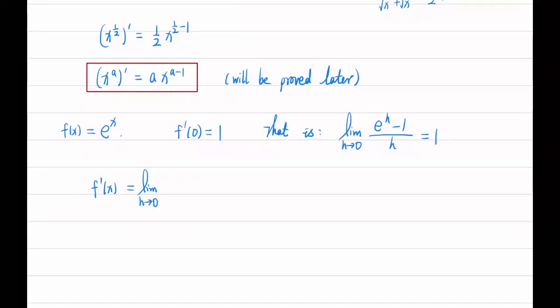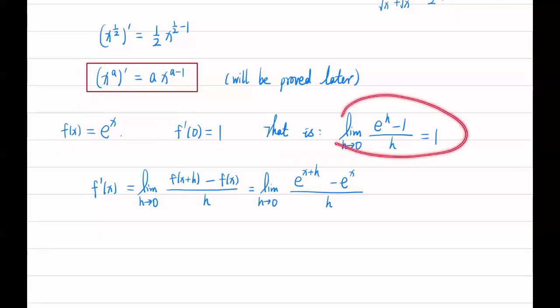Okay, so the formula will be the value at x plus h. Just copy the formula, then we substitute. Okay. So we know this limit.